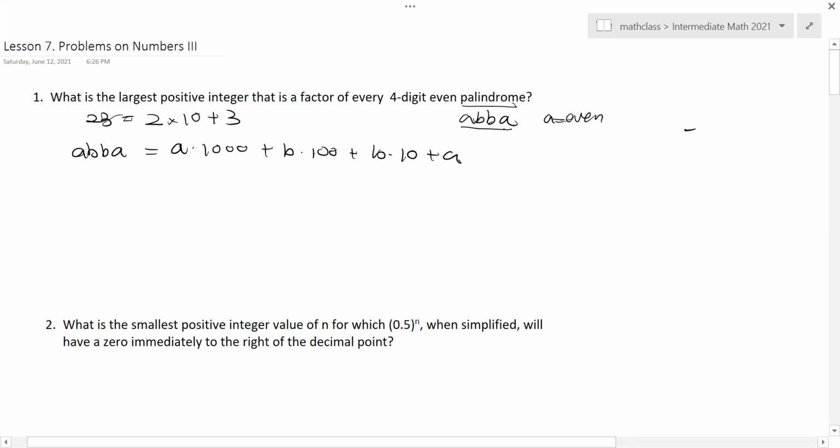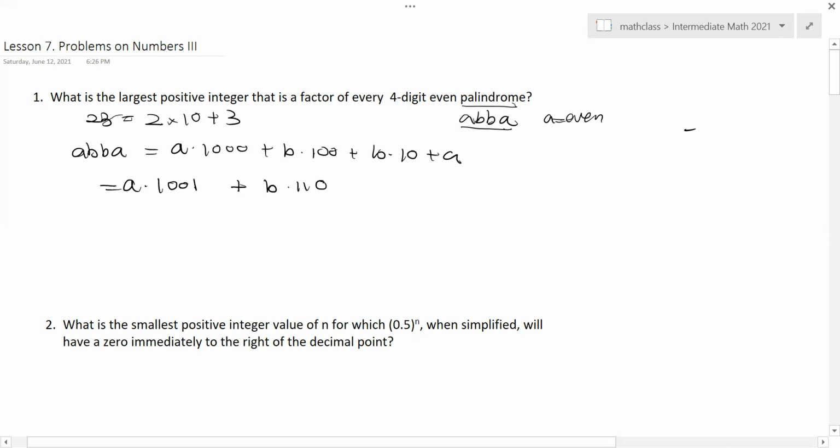Okay. So as you can see, A times 1,000 plus A is going to be A times 1,001. B is going to be B times 100 plus 10, which is 110.